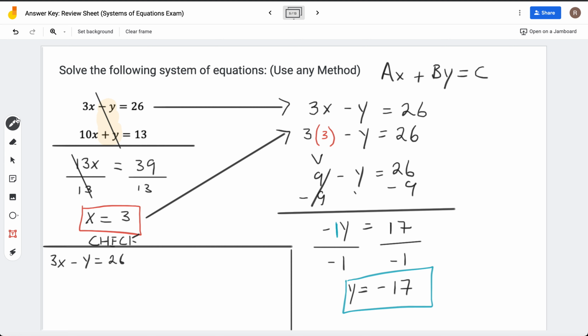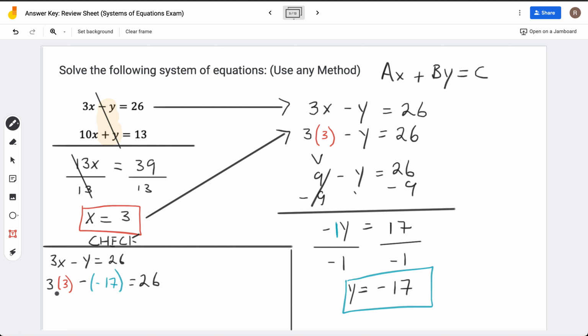Wherever we see x, we're going to plug in our value of 3. So 3 times 3 minus, and wherever we see y, we're going to plug in negative 17. And this is equal to 26.